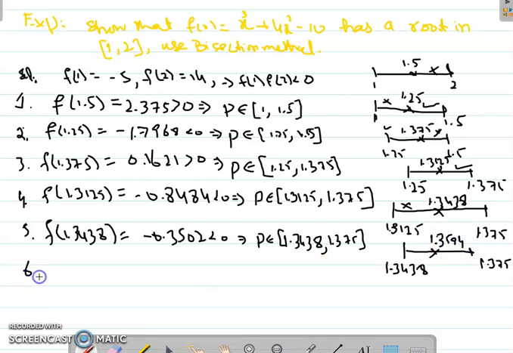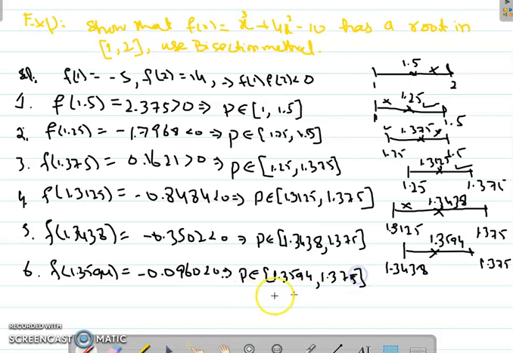So on the sixth iteration we will check 1.3594, which is equal to minus 0.0960, which is again less than 0. It means that the root belongs to the same portion, because 1.375 is positive, so the root belongs to 1.3594 and 1.375.